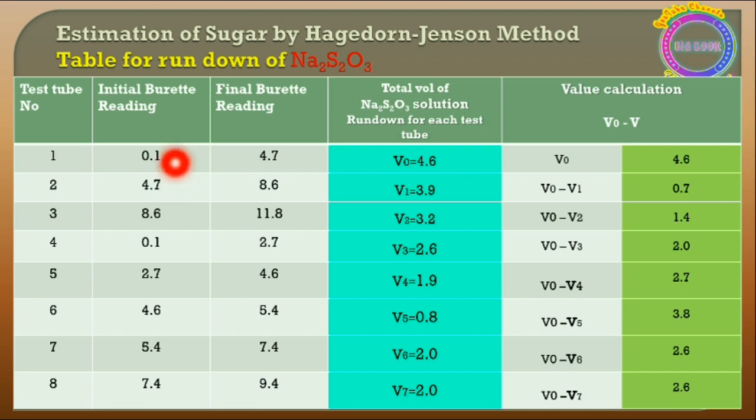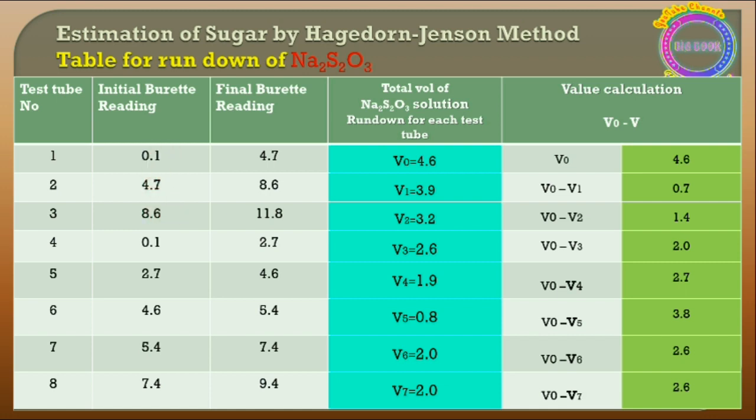The initial reading is the one before the run down of the solution, where the upper meniscus or the lower meniscus will be taken into consideration depending upon the viscosity of the liquid. That particular reading will be taken and we are going to make a note of it.